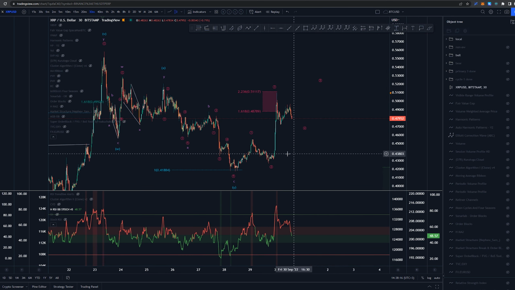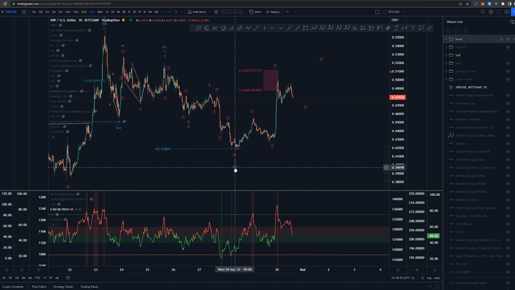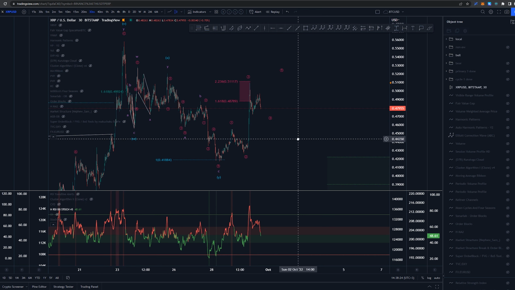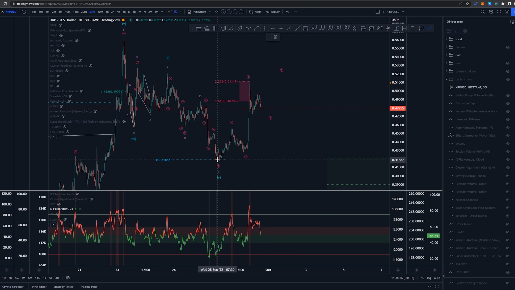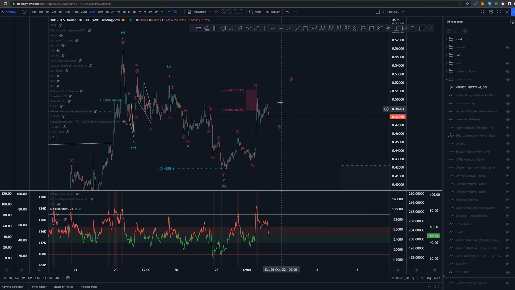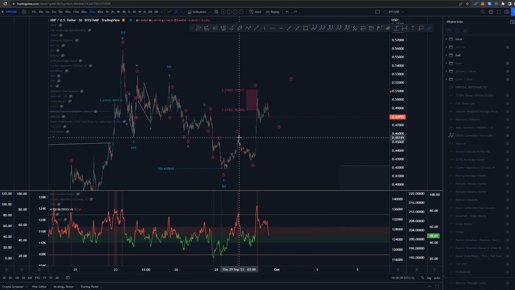Now, since the lows, we could be saying that this was the wave 2, and now we're just running upwards in a bull scenario, and that is of course possible, but due to the time factor, I'm not thinking that is too likely. At least it is possible that we are creating a 5-wave structure, with this as a 1, 2, 3, 4, and 5. Now the invalidation for this would be around the 45-cent area.